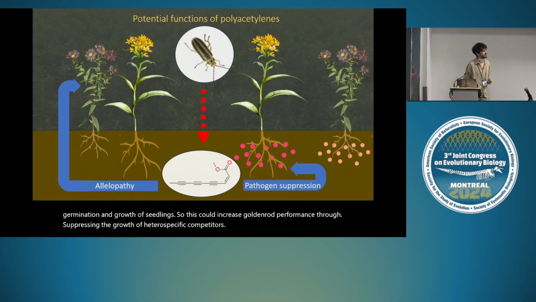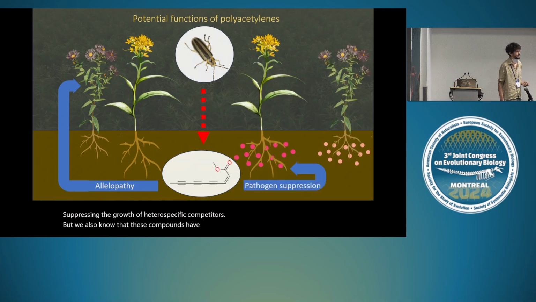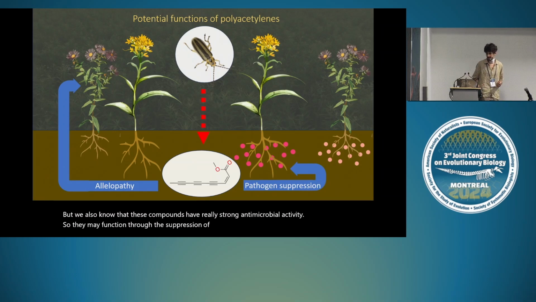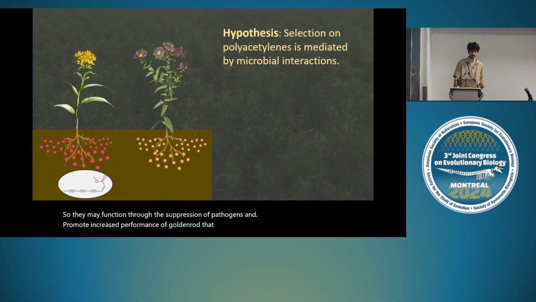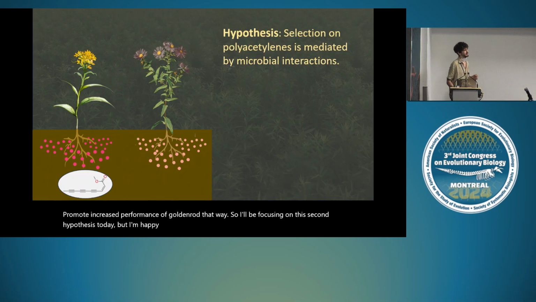But we also know that these compounds have really strong antimicrobial activity, so they may function through the suppression of pathogens and promote increased performance of goldenrod that way. I'll be focusing on this second hypothesis today, but I'm happy to talk about the allelopathy.